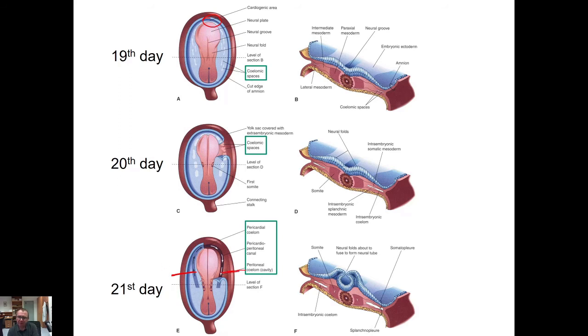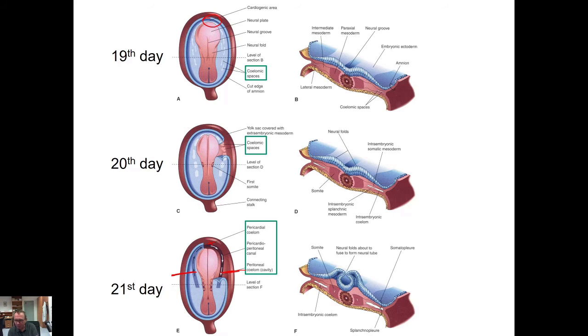And you can see that after the formation, the coelom has got a shape of a letter U or horseshoe. Horseshoe is typical shape of the coelom, and it's open laterally here and here, but closed here cranially. Here it is separated from the extraembryonic space.